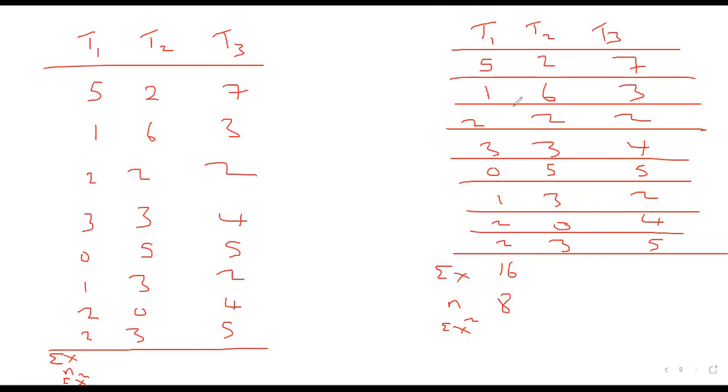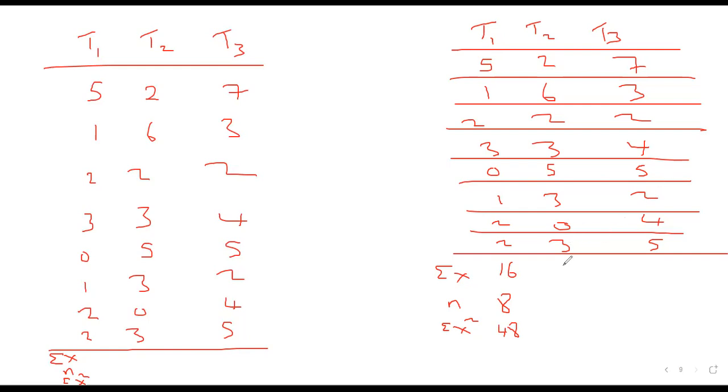Then next we're squaring individually. 5 squared plus 1 squared plus 2 squared plus 3 squared plus 0 squared plus 1 squared plus 2 squared plus 2 squared. We're squaring individually. We get 48. We go back here. 2 plus 6 plus 2 plus 3 plus 5 plus 3 plus 0 plus 3.